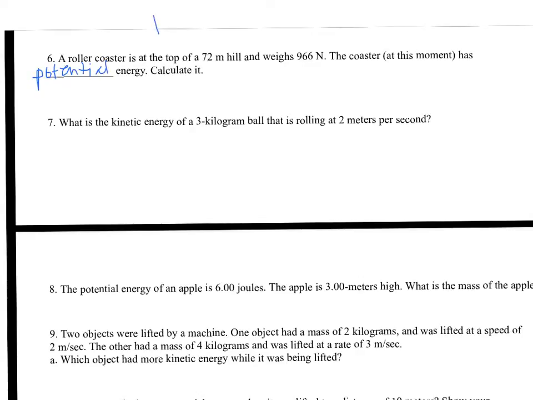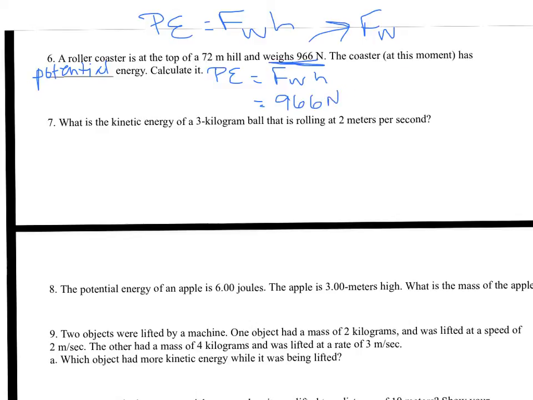So again, we're going to use that formula, PE equals FW times H, because we're talking about how much it weighs, and they gave us newtons. Newtons is always FW. So that's going to be 966 times 72 meters, which will give us 69,552 joules. If we do significant figures, that would just round to 70,000 joules.